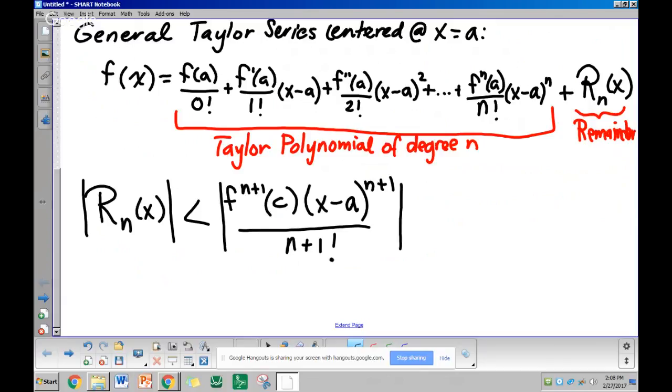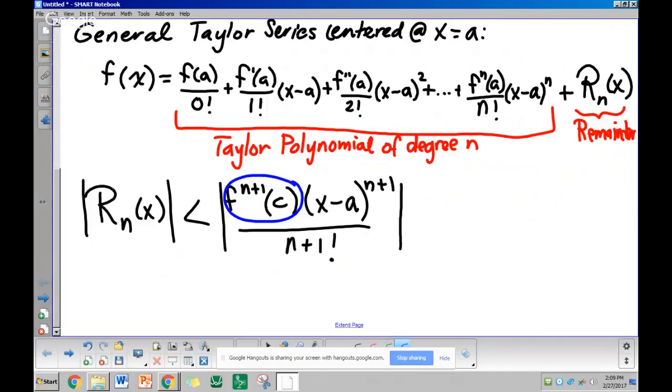Where have we seen c before? So I'm telling you that the remainder is going to be, if R is going to 0, right, because that's what we want it to do, because all of these, if they're going to converge, have to be going to 0 as n gets bigger and bigger. This is the n plus 1 derivative. Is that a function in its own right? It is. Does it have any maxes or mins?